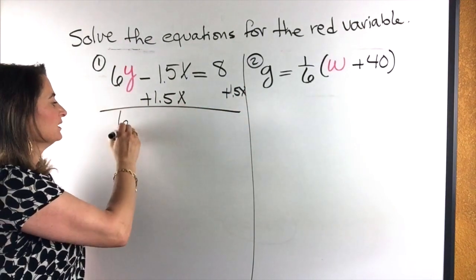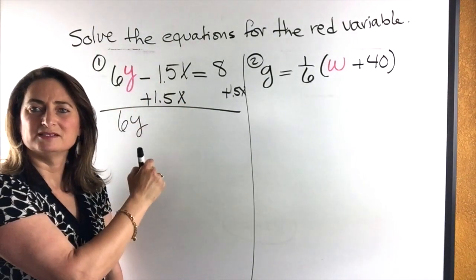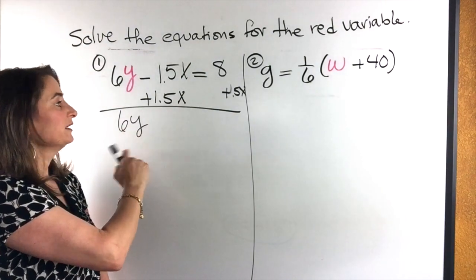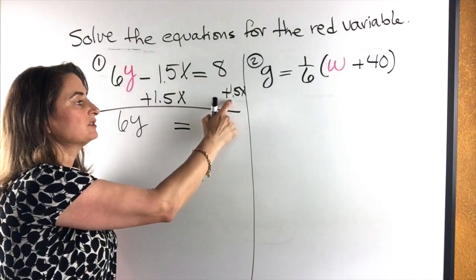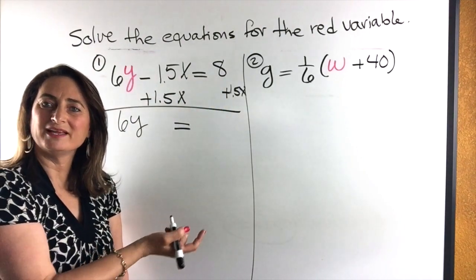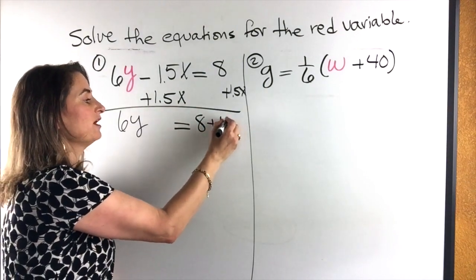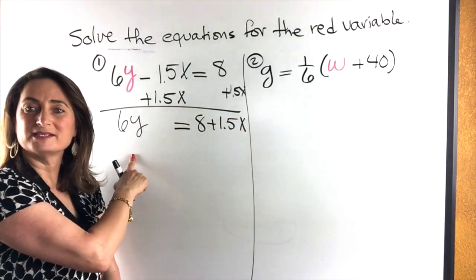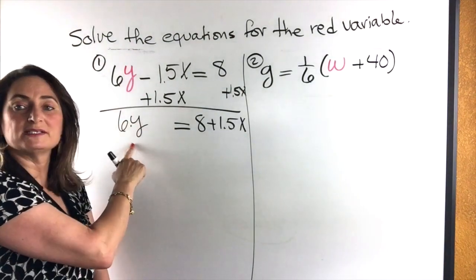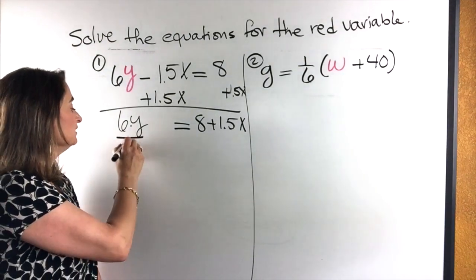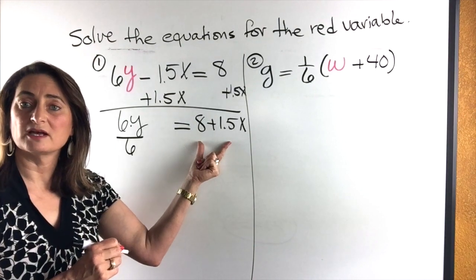Now 6y, you bring it down, and negative 1.5 plus 1.5 is 0. 0 times x is 0, and 0 plus 6y is 6y. Bring the equal sign down. 8 plus 1.5, I can't add them because they're not like terms, so all you do is bring them down. 8 plus 1.5x. Now, y is not by itself, it has the coefficient 6, which means you're multiplying 6 times y, and the inverse operation would be dividing by 6, but pay attention that you need to divide every term on the other side by 6.